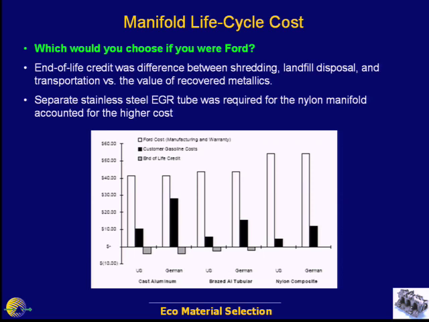Right, here is the implications of a particular design on gasoline costs. And you can see here where the lighter nylon manifold is being used at much less cost to the consumer. Okay, so if we just compare the cast aluminum and the nylon composite here, there's a $20 difference to the consumer over the lifetime.